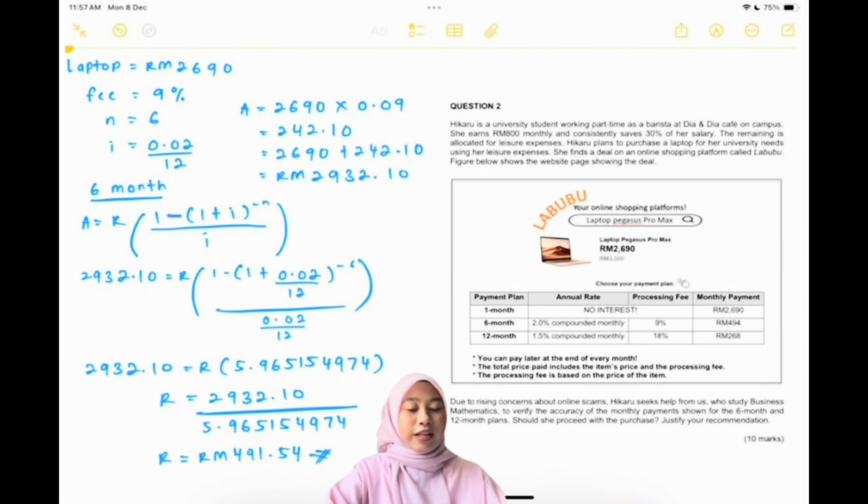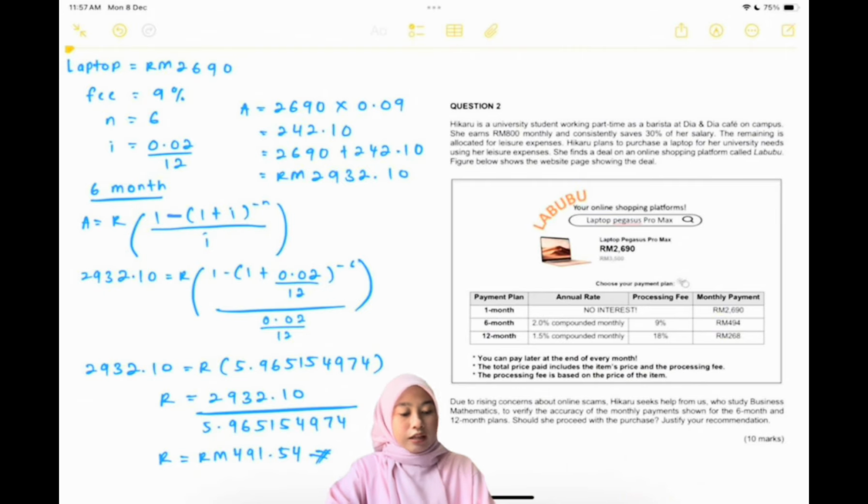For question 2, we need to verify the accuracy of the monthly payment shown for the 6-month and 12-month plans. For 6-month, we need to identify information from the passage. The original price for the laptop is RM2,690, fee is 9% and N is 6. I is 0.02 over 12.